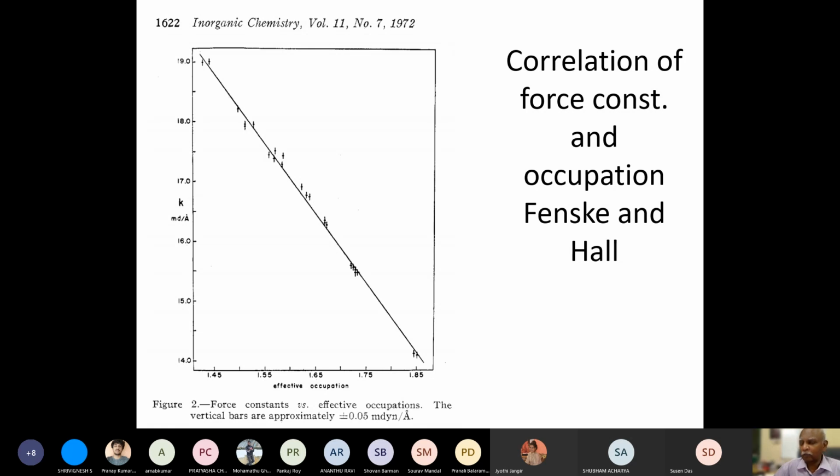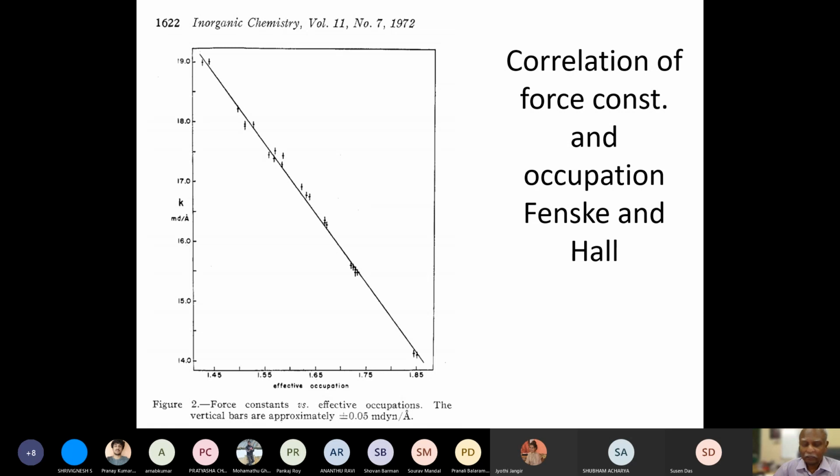If you do some approximations, you can relate it as nu equals 1 by 2 pi into root of k by mu, right? So that kind of relationship is what they used, and they derived the force constant and plotted it against the effective occupation, and that's what I'm showing you here. And they got a nice straight line.